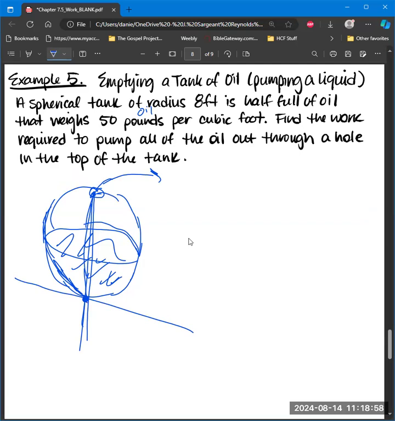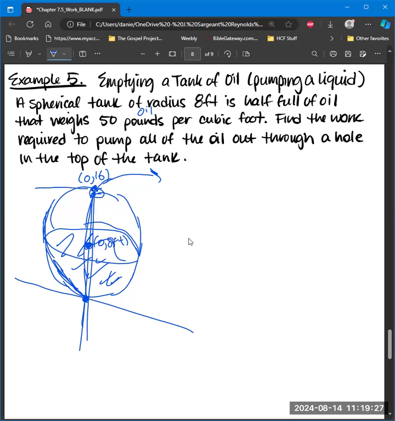So the center point right here is going to be 8, and the radius was 8. This point up here where the hole is going to be 0, 16, like that.